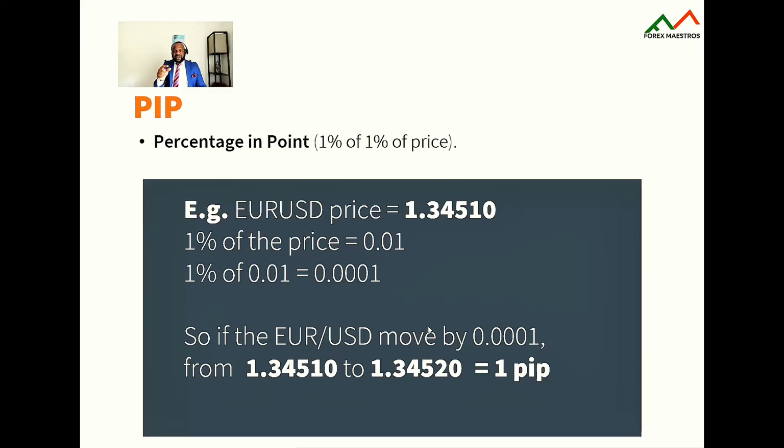How fast a price moves in a certain amount of time is the definition of volatility. If price moves very fast in 1 minute, they say it's very volatile. Or maybe in a short period, it might not be 1 minute, it might be 1 day, but that means volatility.